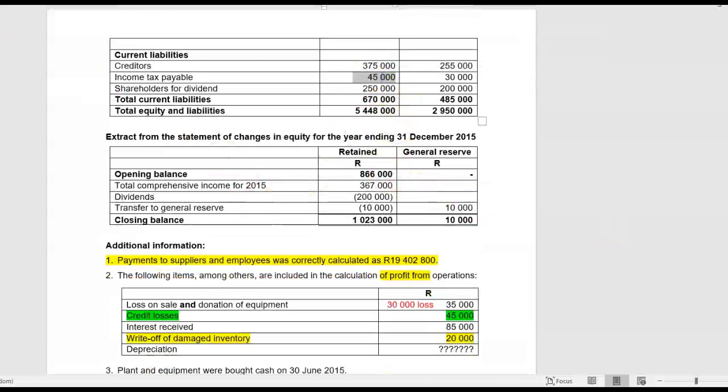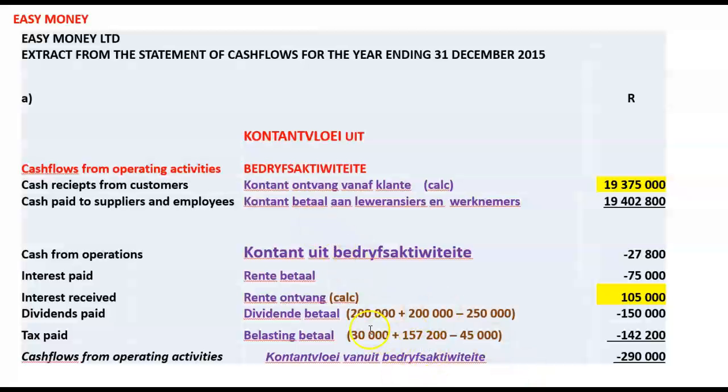That will give us then the total amount that we've paid to receive of revenue as tax during the year. Opening balance plus our income statement charge less our closing balance. So in actual fact, we paid the receive of revenue 142,200. So our cash flow from operating activities, that is what the question asked me, was a cash outflow of 290,000 Rand.